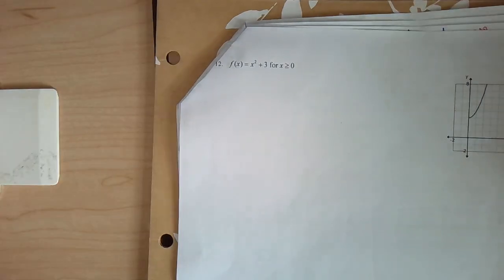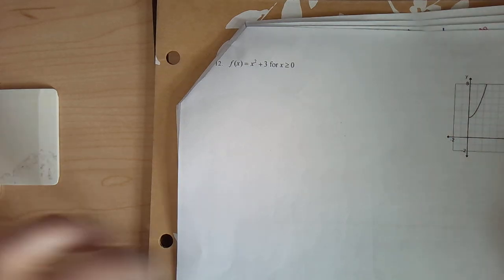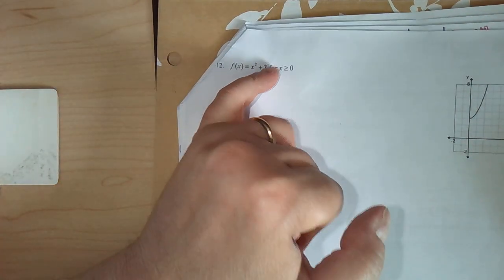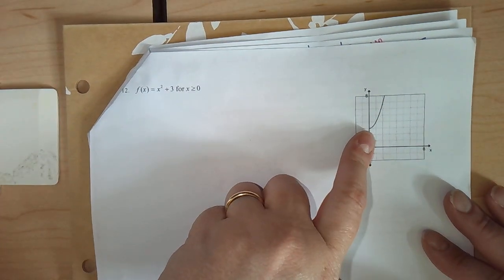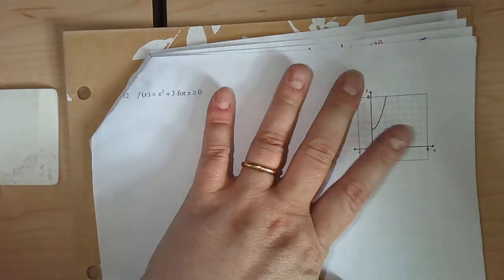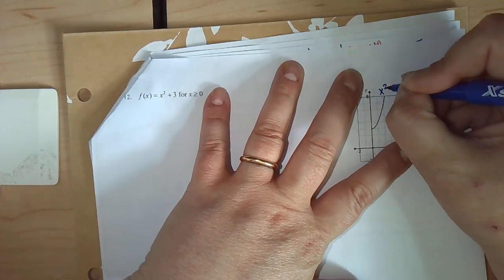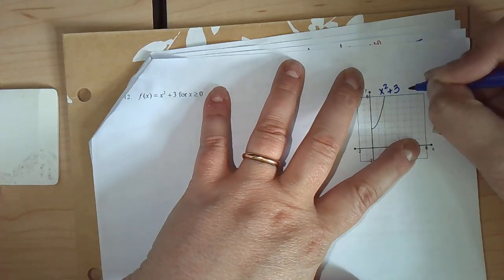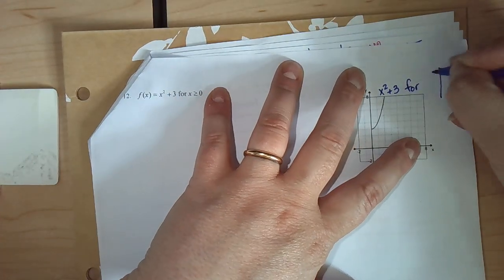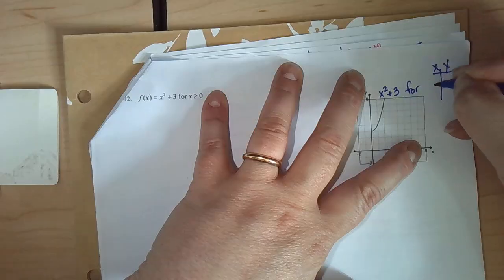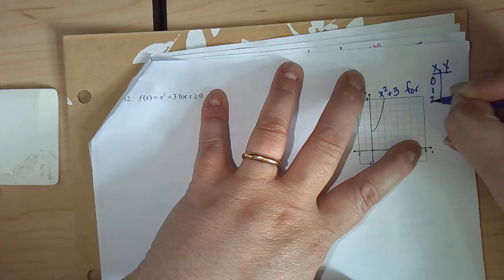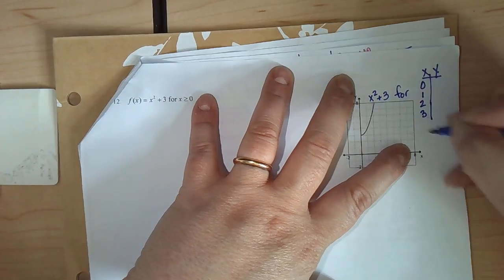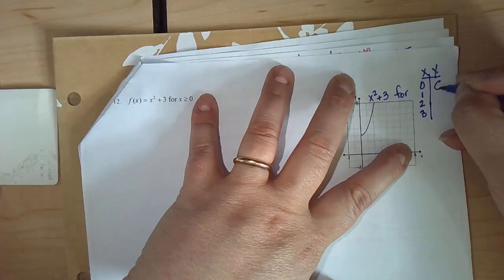Okay, let's look at number 12. It says the same thing, except it says for x bigger than or equal to 0. And if you look at the picture, this is x squared plus 3, but just for the part of the t-chart that says 0, 1, 2, 3.